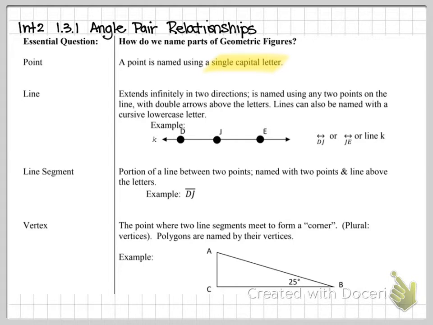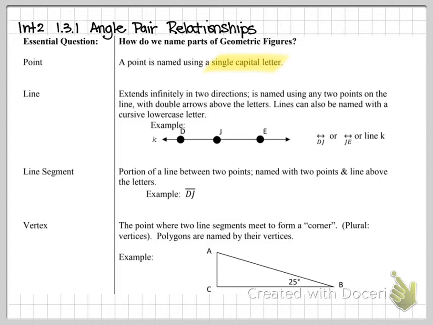A line is going to extend on forever in both directions. A line by definition is always straight. So a curved line doesn't really make any sense. And we can think about them a couple of different ways. You can use different points on the line, typically one or two, maybe three or four, depending on how complicated the line is and how many other things intersect the line.